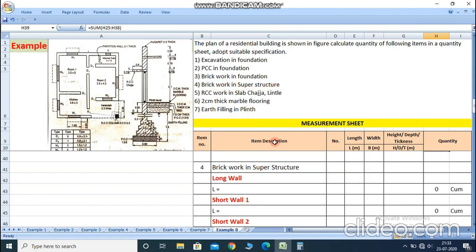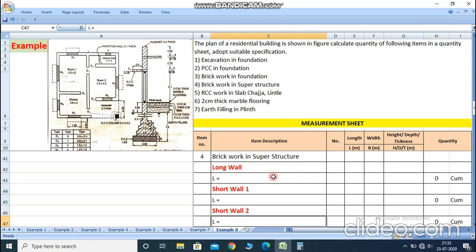Brickwork in the superstructure means above the plinth level, where we calculate the length. So for the long wall, part 1, 2, 3, the total length of the long wall is calculated from external corner to external corner. So 0.3 for the wall thickness, then 3 meter.